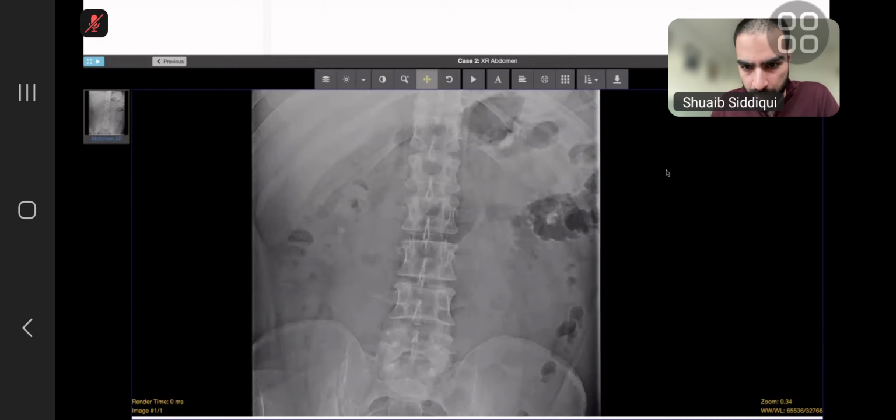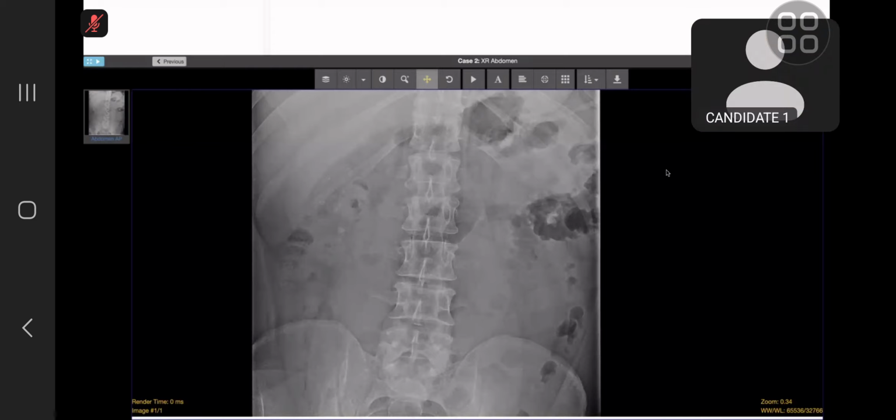Abdominal X-ray, patient with vague abdominal pain referred by the GP. This is an abdominal X-ray of a skeletally mature patient presented with vague abdominal pain.